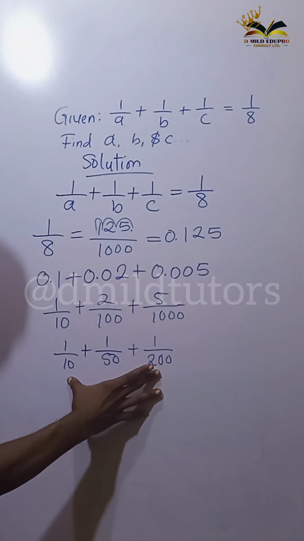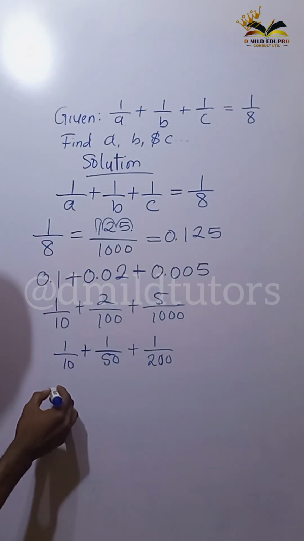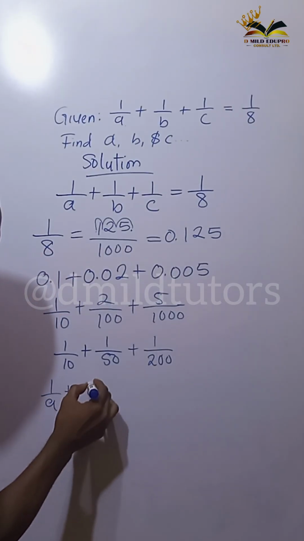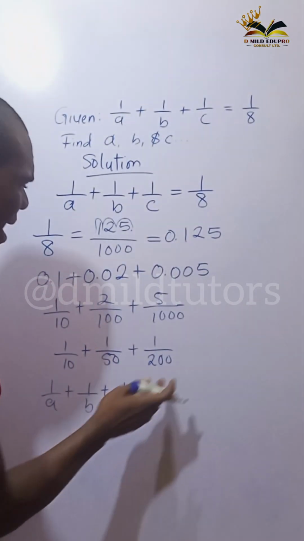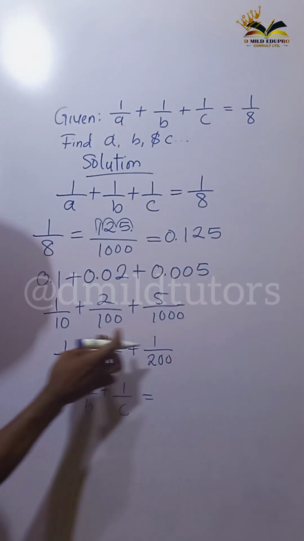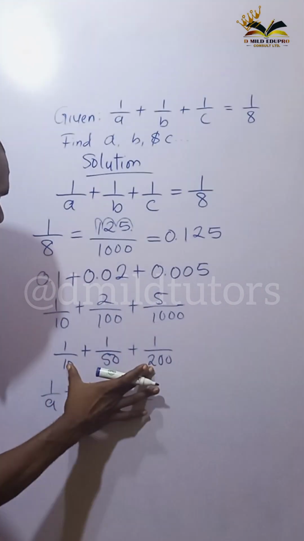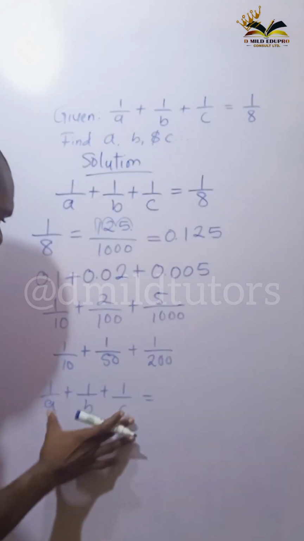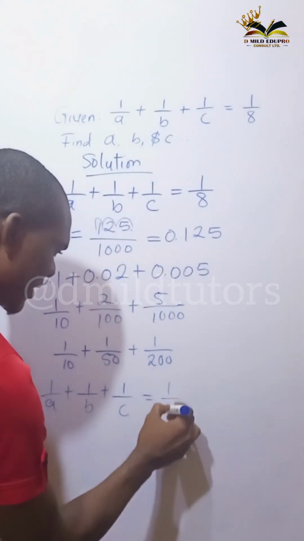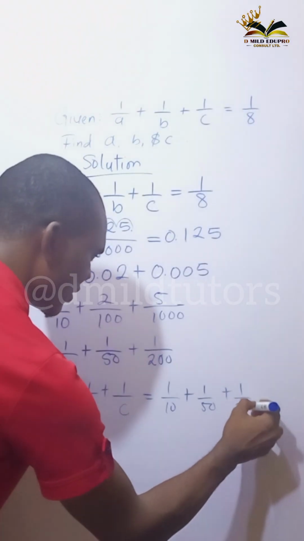Now, we compare this fraction with what we have here, which is 1 over A plus 1 over B plus 1 over C equals 1 over 8. Meaning all these things will be equal to this, which is 1 over 10 plus 1 over 50 plus 1 over 200.